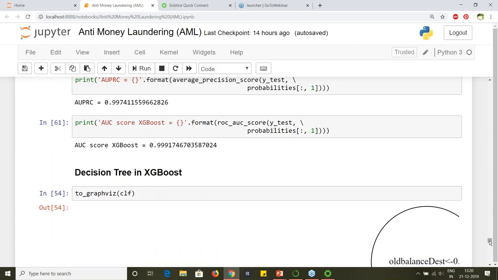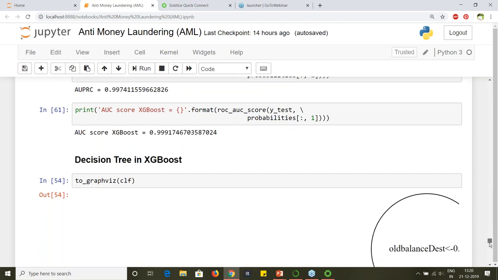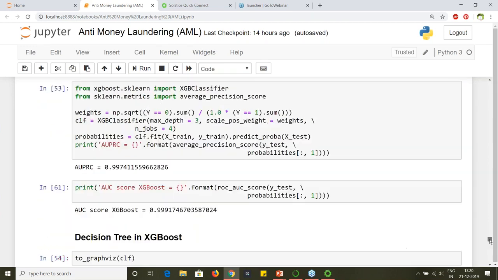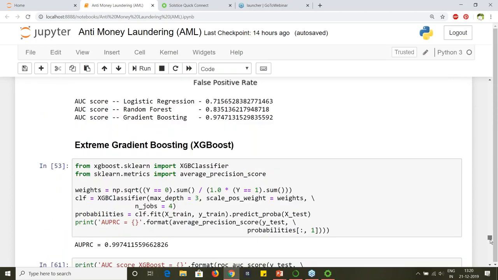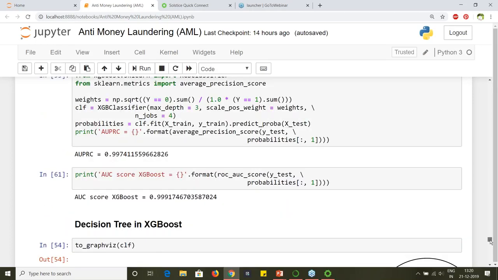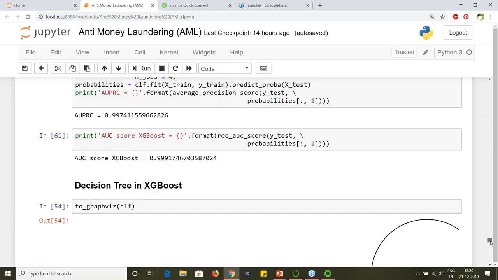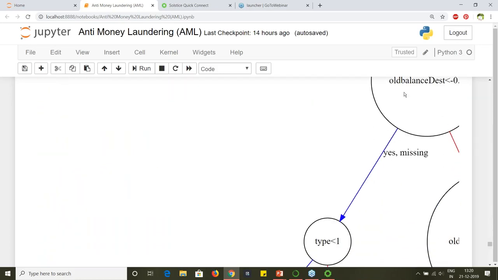So the AUC score for XGBoost is that much, 0.9999. What is the recall score? The recall score for XGBoost is not done here. Only the area is plotted. You can minimize your screen to show that diagram.